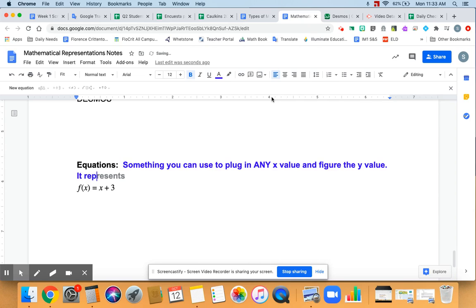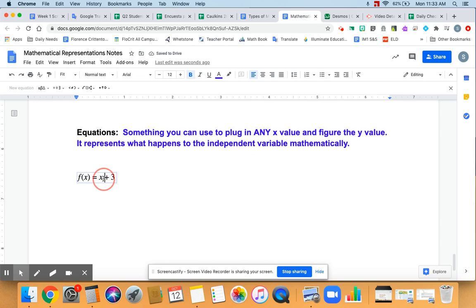It represents what happens to the independent variable mathematically. So in this case, my independent variable, how many times I do the dishes, I get $1 for that.